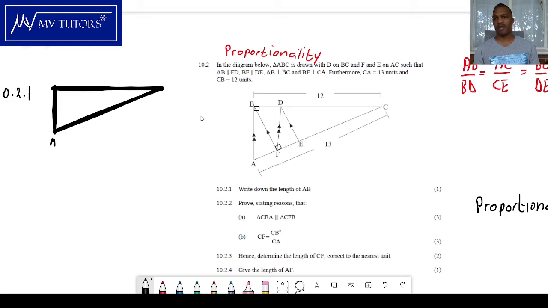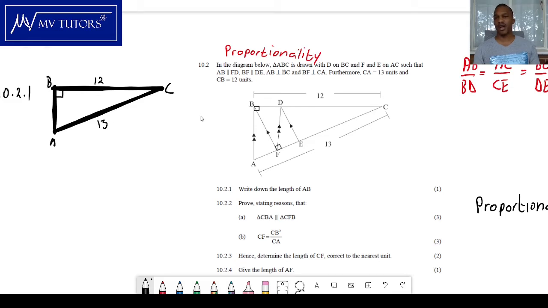So that's AB, so they want that length. So I'm taking out ABC and I put the relevant information. I got 12 there and I got 13. Well, look at this. What I have here, I can use Pythagoras to answer my question, because you know this is a right angle triangle.